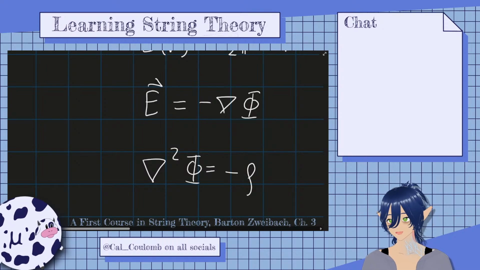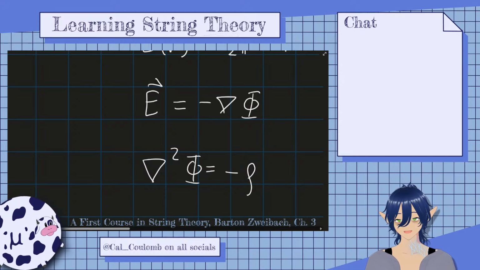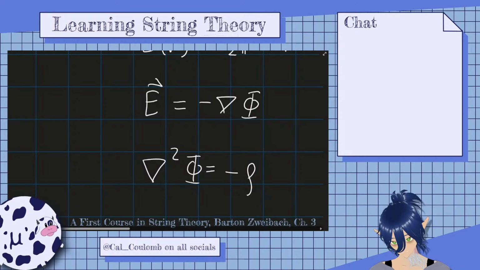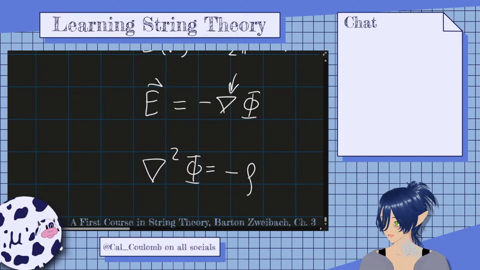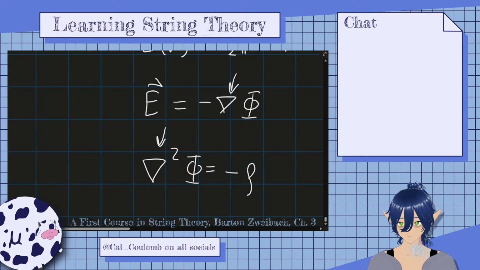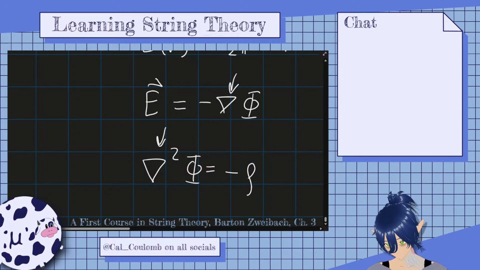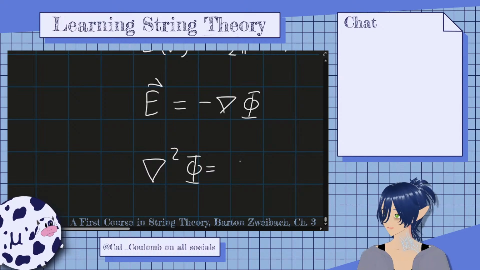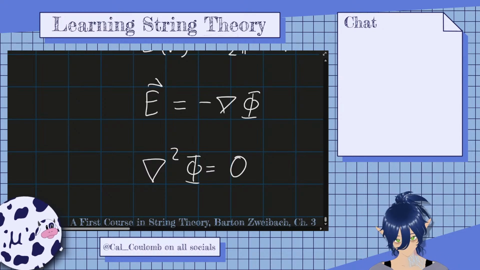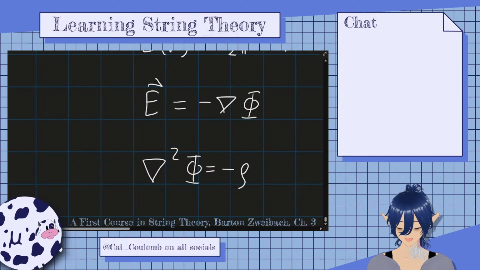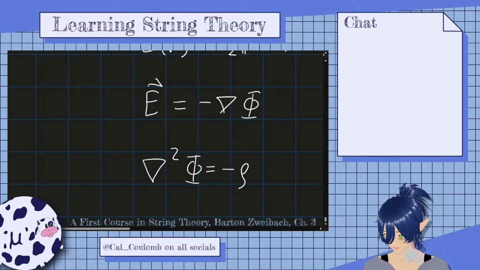The two equations above hold in all dimensions, using, of course, the appropriate definitions of the gradient and the Laplacian. So this right here is the gradient operator. This one with the square is the Laplacian. And actually, if you set rho equal to 0 in this case, this becomes not Poisson's equation, but Laplace's equation. But right now, I think we're going to be talking about the Poisson equation.